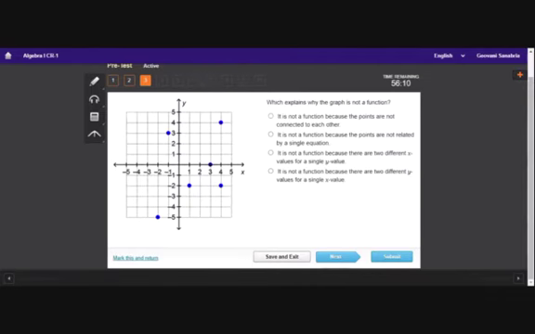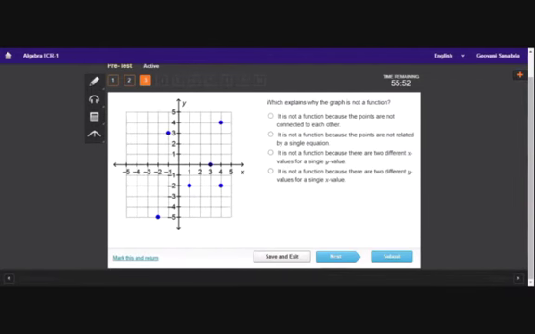This is just part of the definition of a function. I'm gonna say it again because it's a confusing definition, but for something to be a function, when you plug in an x, you always get the same y value out.